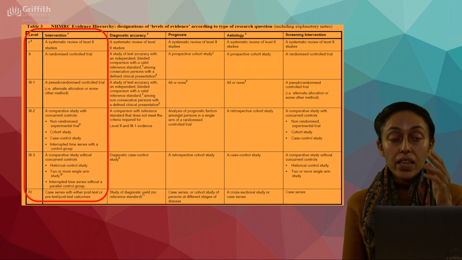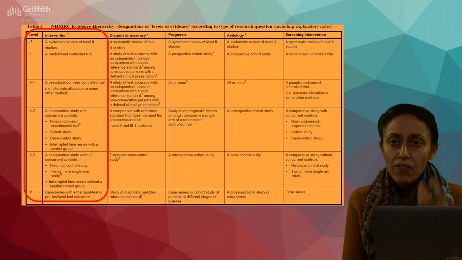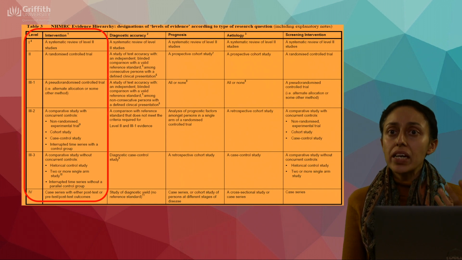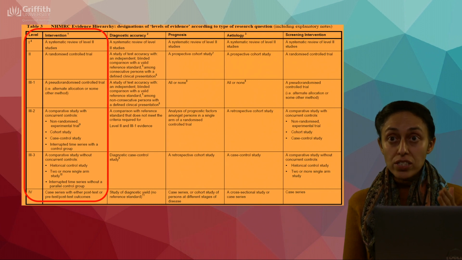Why? Because that's coming from really good quality study designs. Your levels of evidence are determined by the type of study design you have. The better the quality of the study design, the better your evidence.